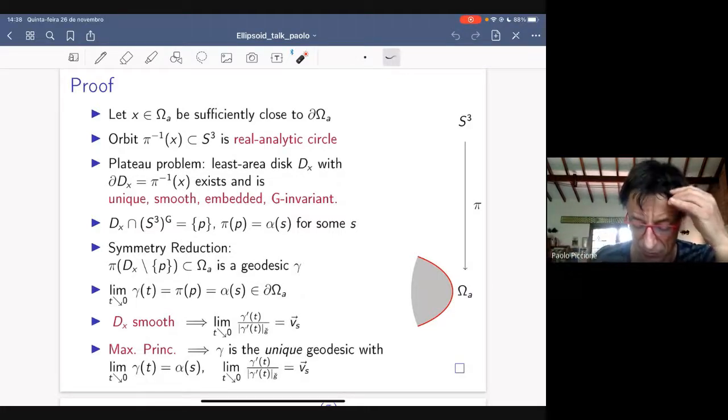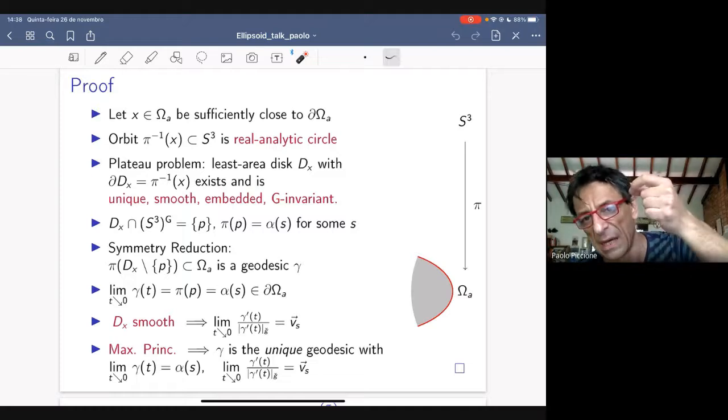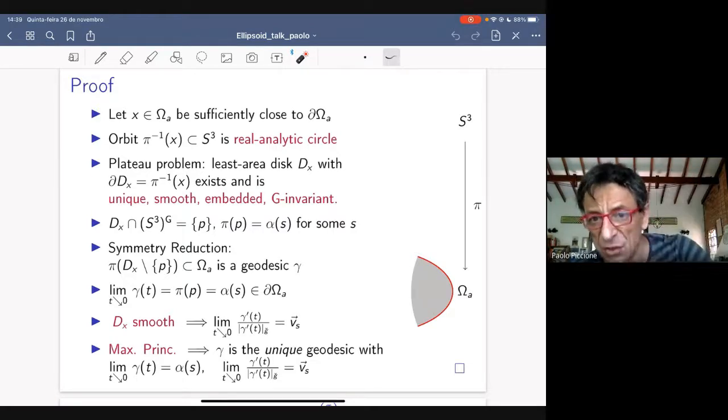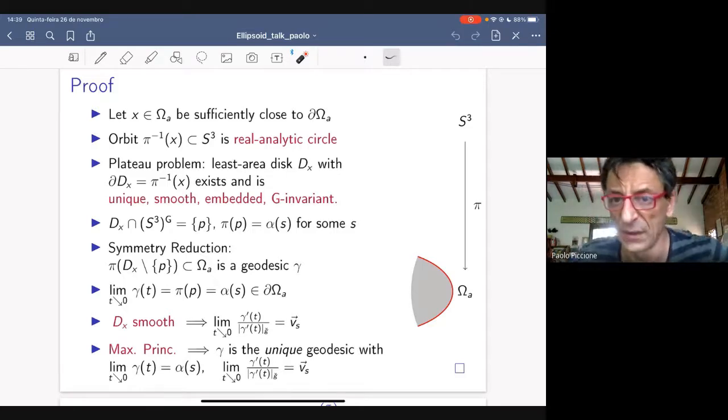A point. So that this disk is a minimal object in the ellipsoid, which is projected to a geodesic when it's projected on the quotient space, and that must touch the boundary because it contains this fixed point. Okay.